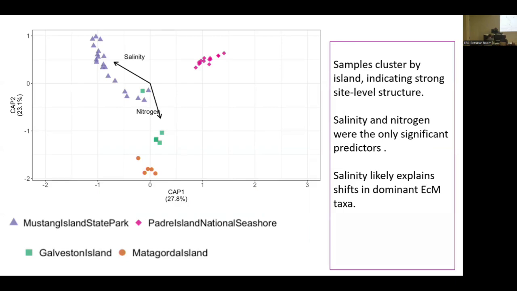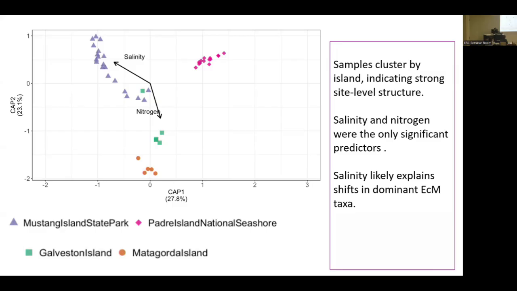And then we plotted them, and as you can see here, the samples are clustering by island, indicating some strong site-level structure. Perhaps salinity and nitrogen are significant predictors, but I am adding more factors into this. And salinity likely explains some shifts in these dominant ectomycorrhizal taxa that we're seeing here.